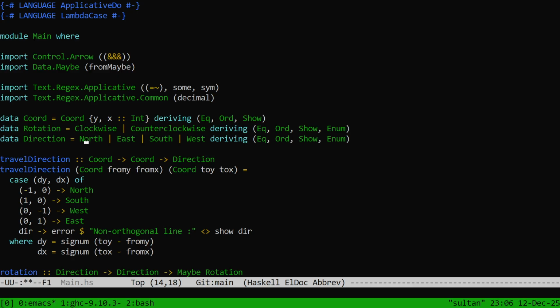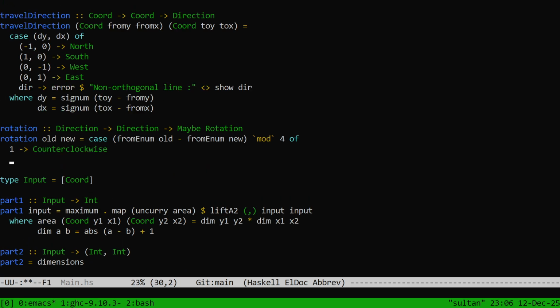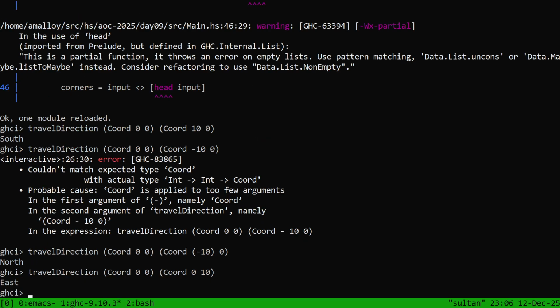If old were east and new were north, we would get 1. That's counterclockwise. And if minus 1, clockwise. Otherwise, nothing. And put those justs in there.